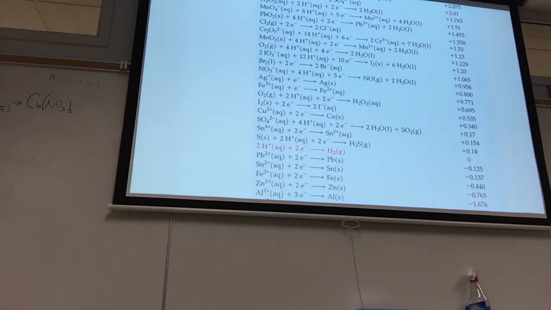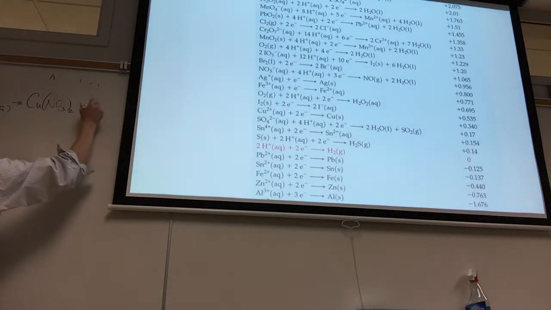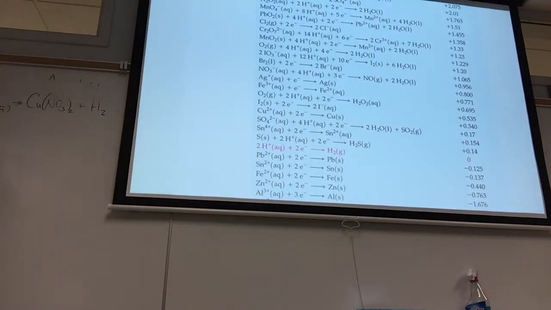Actually, there is a reason why, and that's at the end of chapter 24. It'll take a while before we get there, but for right now, that's going to suffice as our answer. It has to do with stabilizing some of the electrons, the d electrons. And so this is going to form copper 2 nitrate plus hydrogen. We need to balance this. Hydrogen is a gas. Copper 2 nitrate's aqueous.